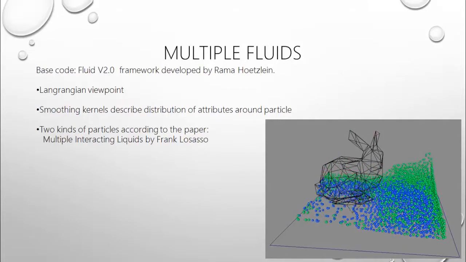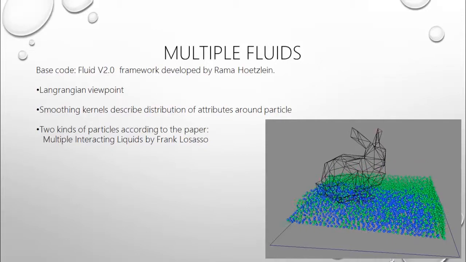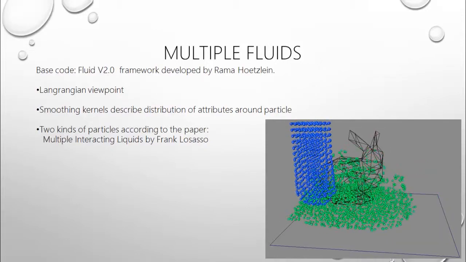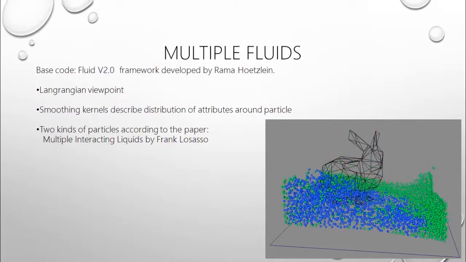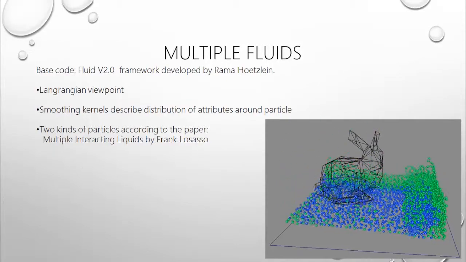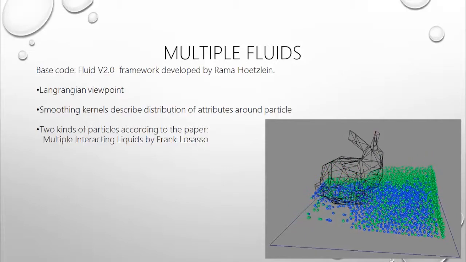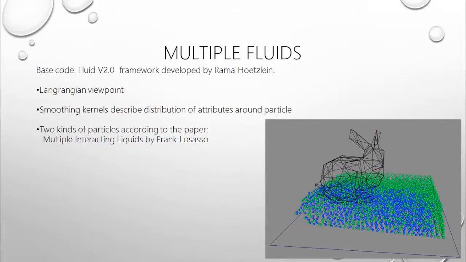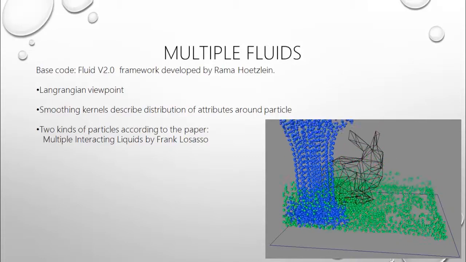This fluid solver uses the Lagrangian viewpoint and stores values like mass, velocity, and position in particles. Particles concentrate mass as a point and represent a discretized continuous field. Smoothing kernels are used to describe the attributes around a particle.